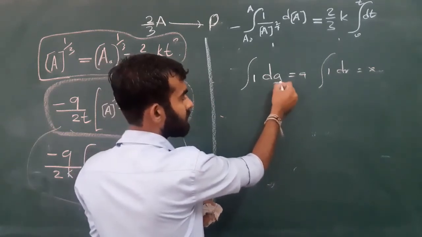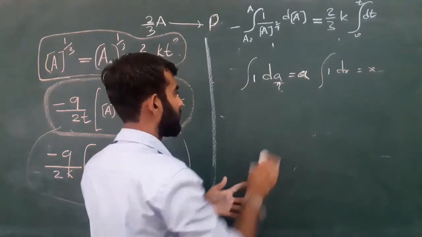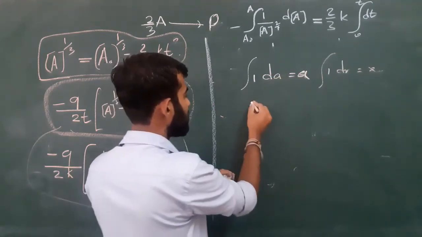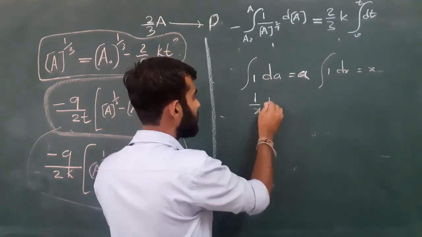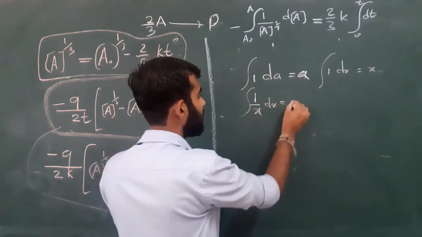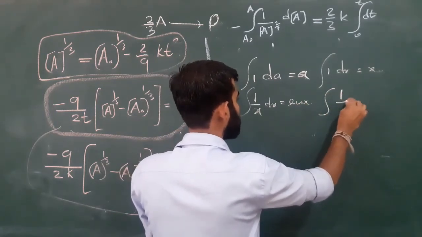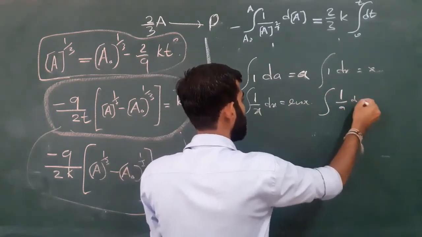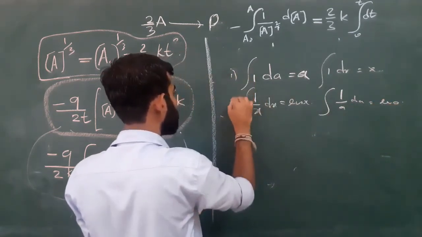But we are going to integrate by someone, that someone is the answer. Okay, that's the first one. Second one, if I integrate 1 over x by dx, answer will be ln x. If I integrate 1 over a by dA, answer will be ln a. That's the second thing.